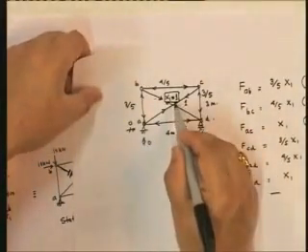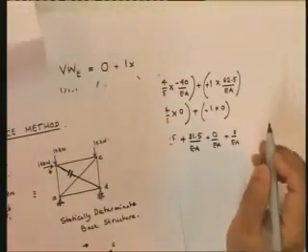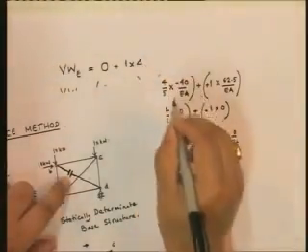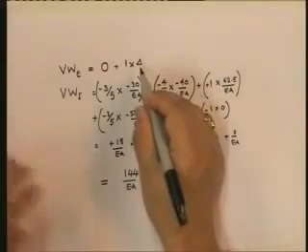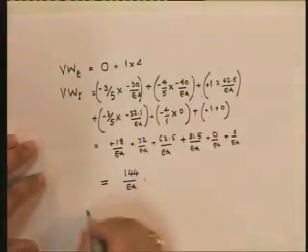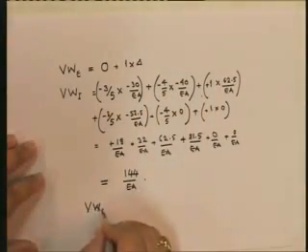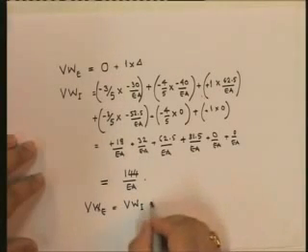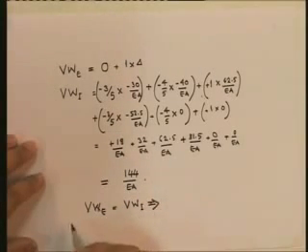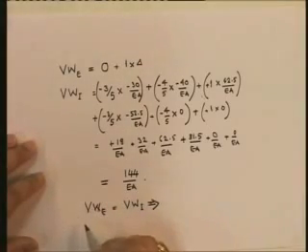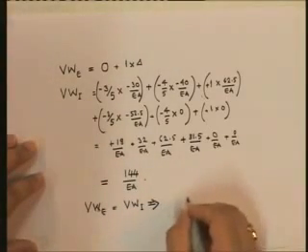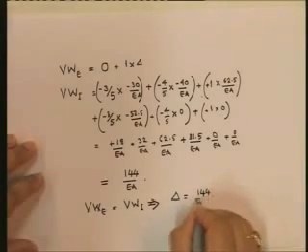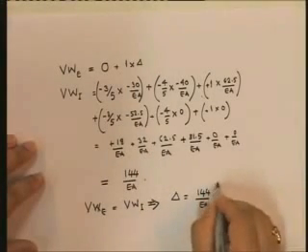So this 1 into this delta is the external virtual work, and once we put external virtual work equal to internal virtual work, that is our principle of virtual work, because the total work done is 0, we get delta equal to 144 upon EA.